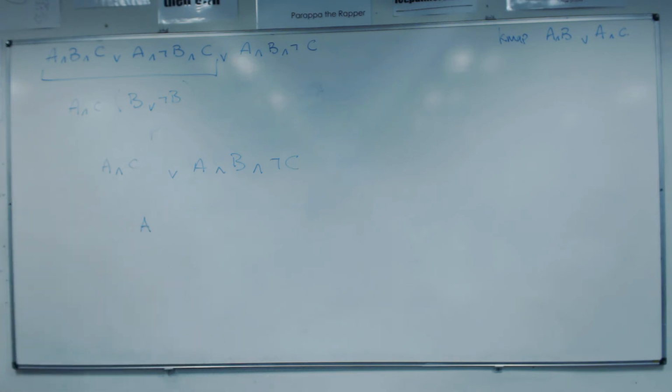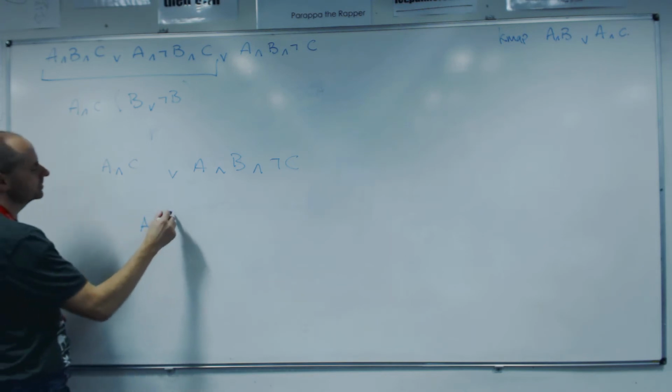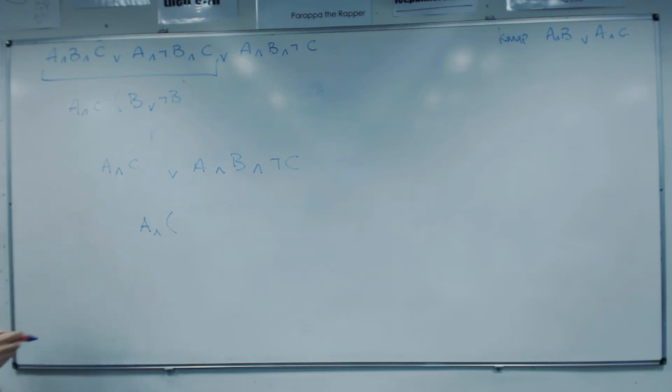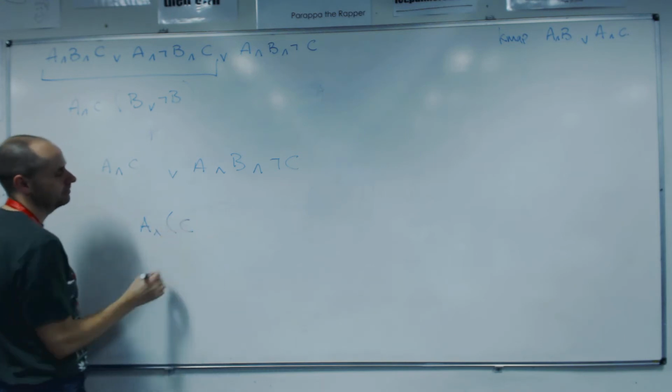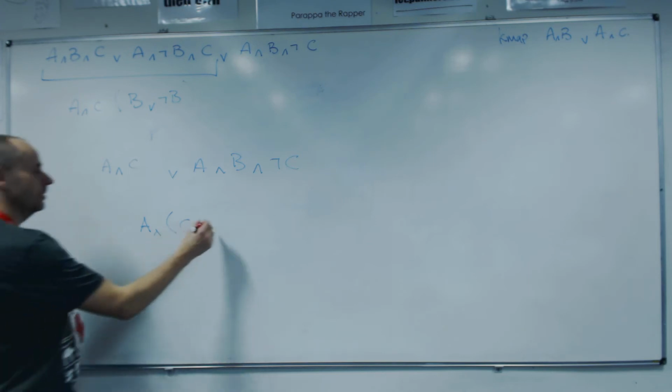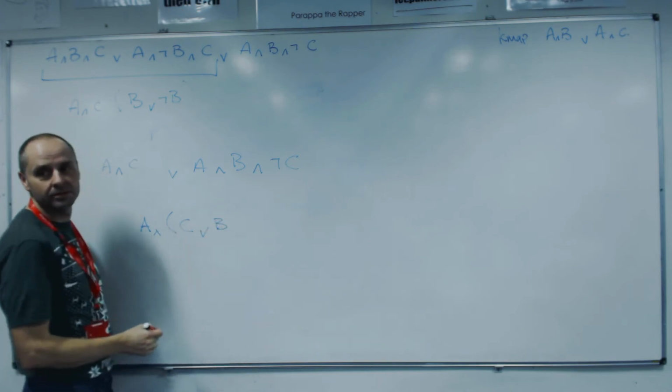Right, so Callie, what's inside the bracket then? Is it B? Keep it in the order that it's already in. C? Right, so we got a C there. Yeah. Or B, not C? Yeah.